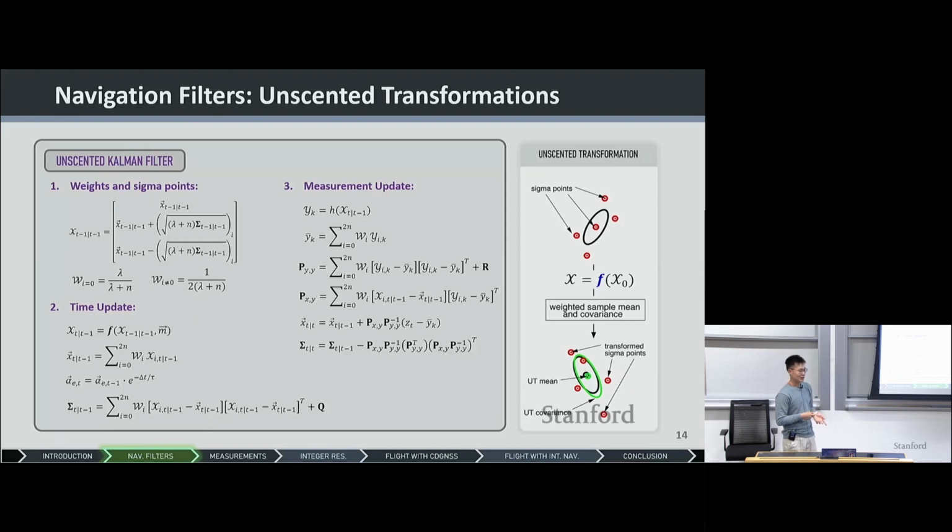At the same time, it is more computationally expensive, because if you're estimating positions, velocities, clock biases, and possibly other environmental parameters, you have a very big state vector. The number of sigma points you pick for your UKF scales with 2n plus 1, so you have many more sigma points to propagate.